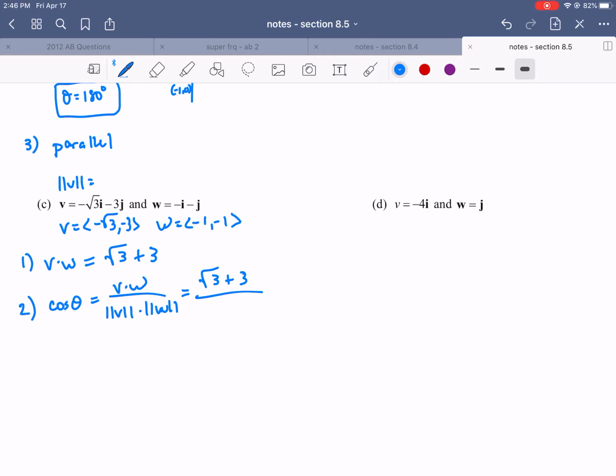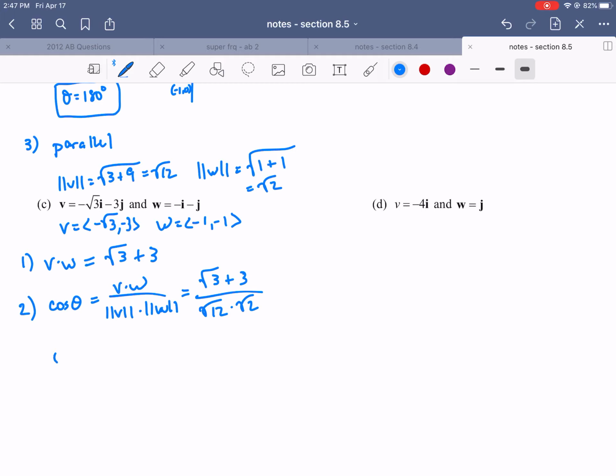So the magnitude of V is going to be the square root of the first component squared, and -√3 squared is just regular 3, plus -3 squared is 9, and that's going to give me the square root of 12. And so down here I'm going to have square root of 12. And then the magnitude of W will equal the square root of -1 squared, which is 1, plus -1 squared, which is again 1. And so this will be the square root of 2. And so down here I will have the square root of 2.